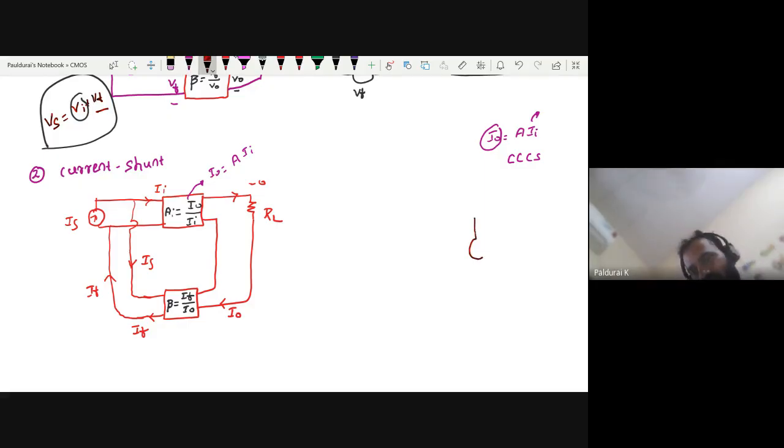Current source means an arrow mark, a dependent source. Some books give a circle, nothing wrong, but you should be able to understand that this is a dependent source. So this is A times Ii, where Ii is the input current, which we will take care of later. Since this is a current source, it may have some internal resistance, but this time in parallel, and you want to sketch this R.